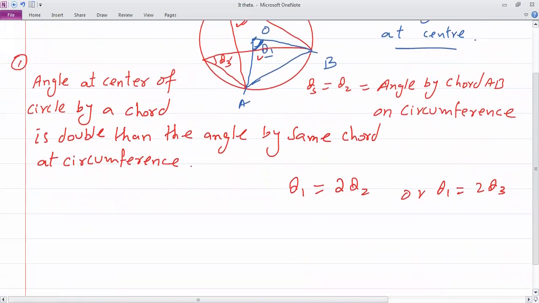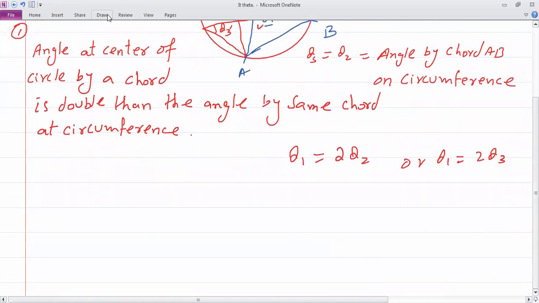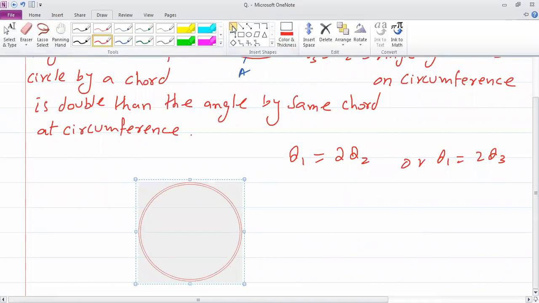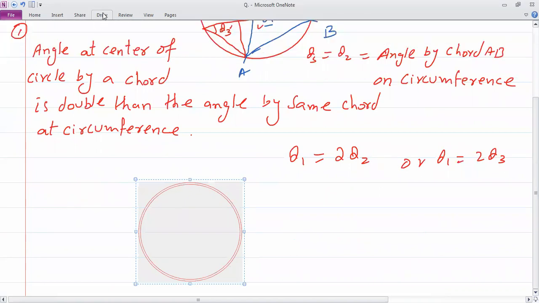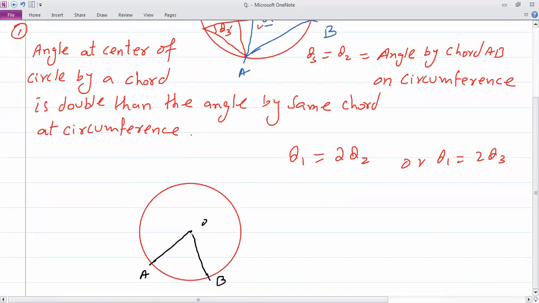Okay, let me give you one example. I'm going to take a circle here. Let's say this is a circle, and in this circle, I'm going to take this chord AB. Let's say this is center O. Now, if I join this line, it will make the chord AB.